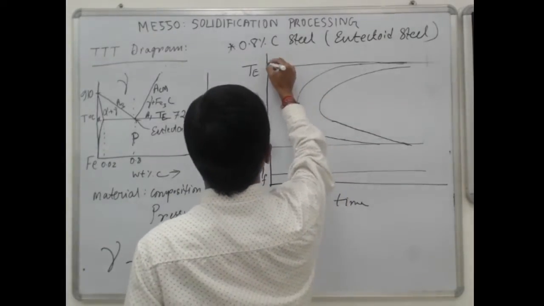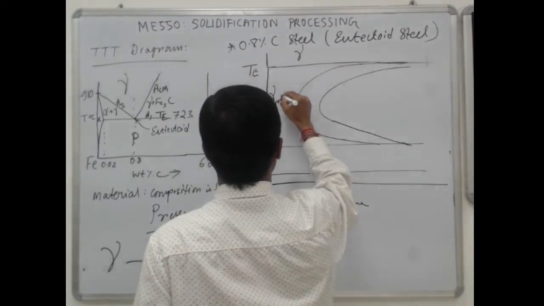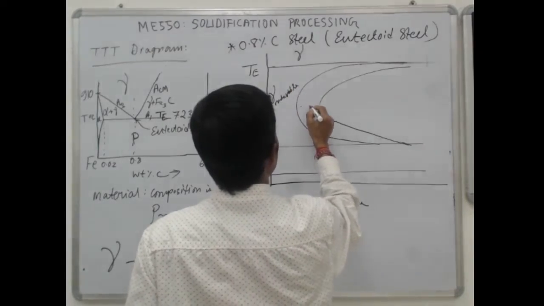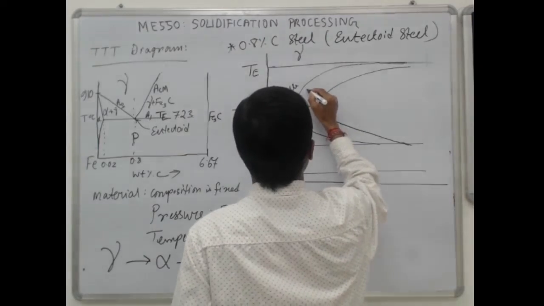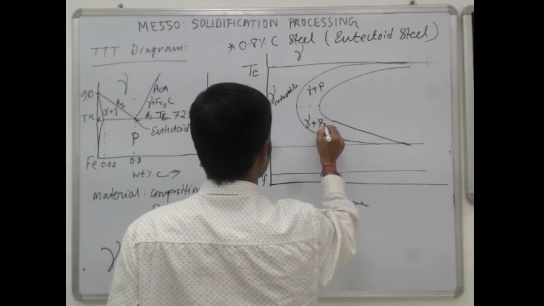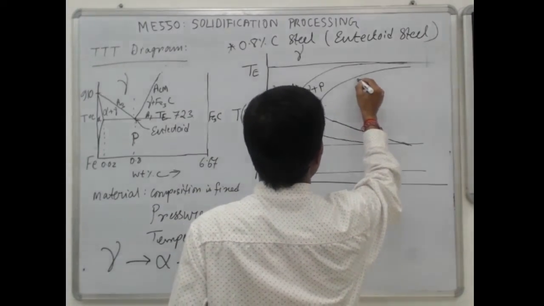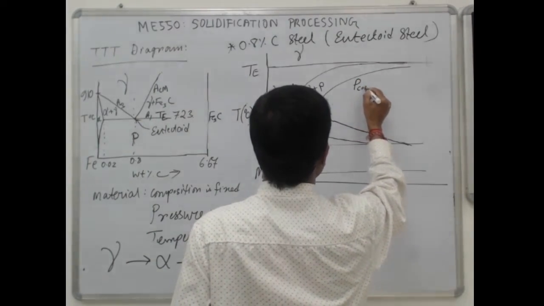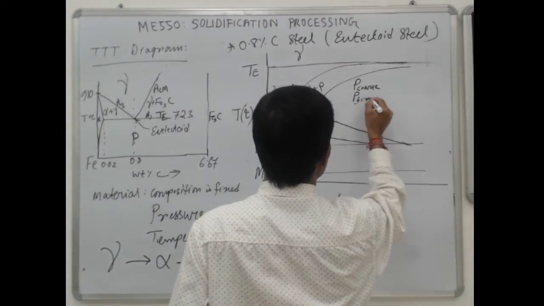What happens, you have austenite above this temperature. Here you have metastable austenite. Above this line you have gamma plus pearlite, here you have gamma plus bainite, and everything here is pearlite, but it is coarse, here it is fine pearlite.